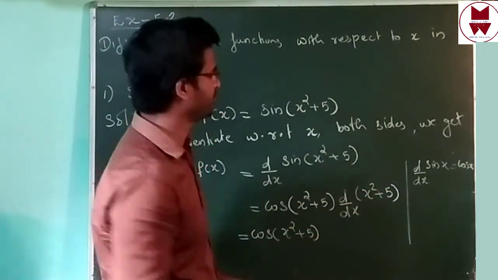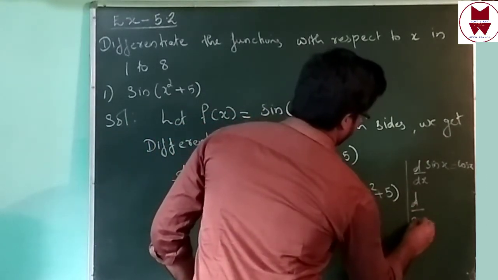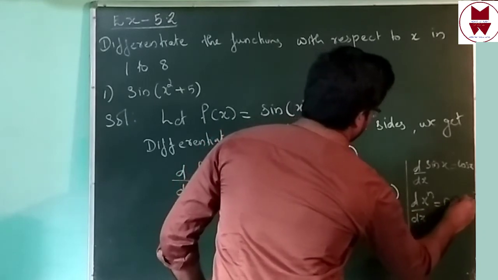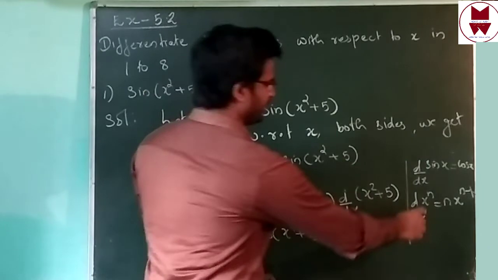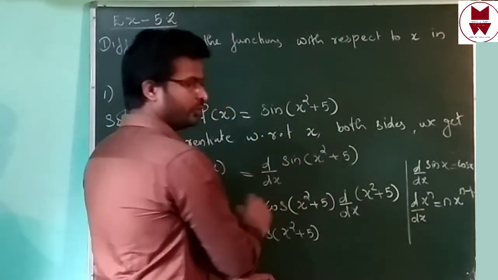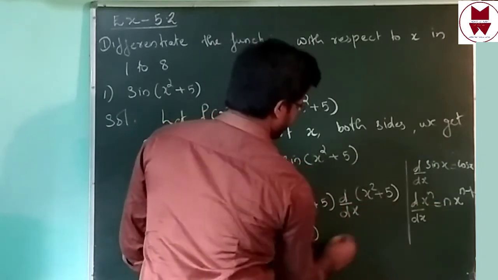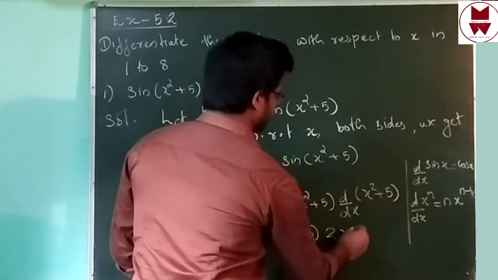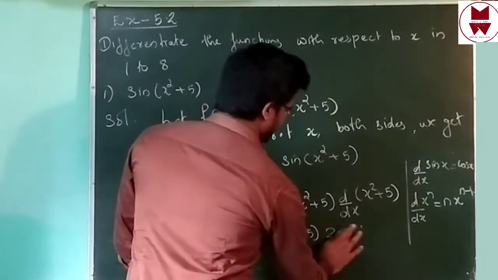What is d by dx of x square? Study one formula. D by dx of x raised to n equals n into x raised to n minus 1. This is the common formula. That means here n is 2, isn't it? Then write 2x raised to n minus 1, that is 2 minus 1. 2 minus 1, how much? 1, isn't it?